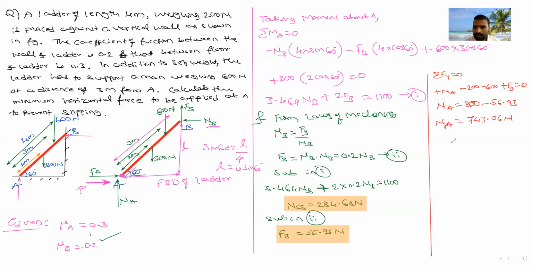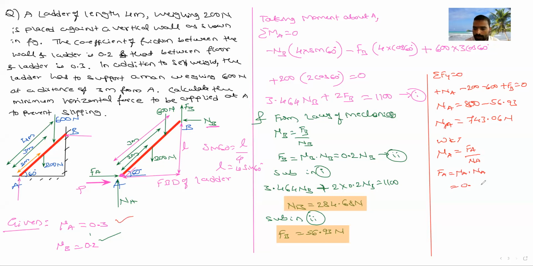Okay, this you know. So again, I want to find out mu A. Mu A is equal to FA upon NA, the coefficient of friction. So I want to find out the value of FA. FA is equal to mu A into NA. Mu A is given, that is 0.3.